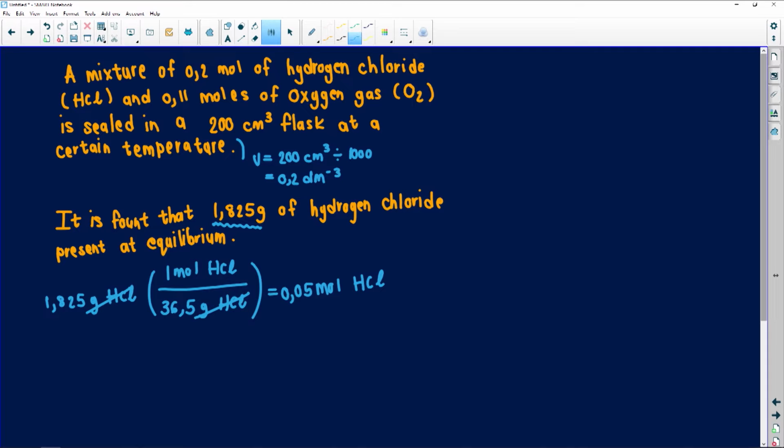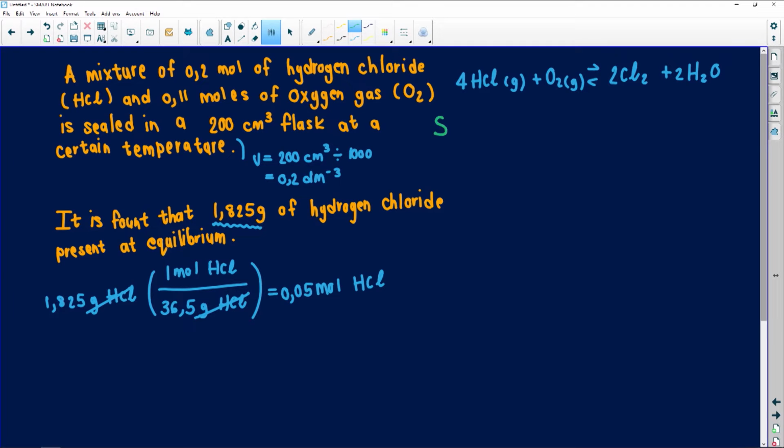Now I see Njabulo has also given us an equation, and it says I've got 4HCl, I've got my oxygen gas, and at equilibrium I've got 2Cl2 and 2H2O. Now we use my method, or the method depending on what your teacher uses. Let me use a different color, let's use green.